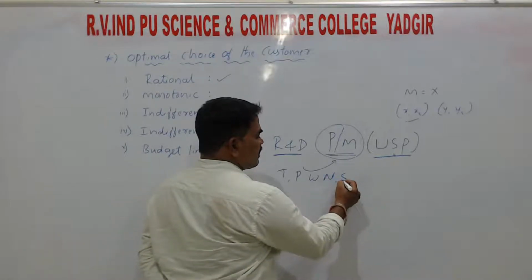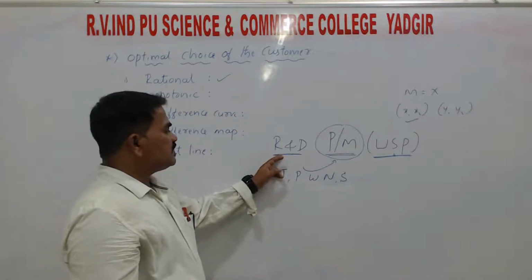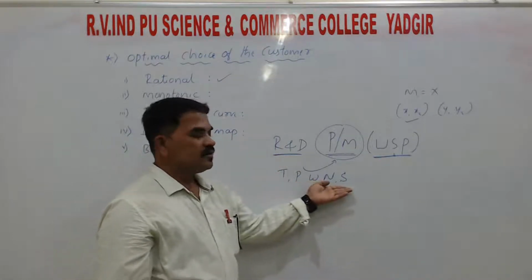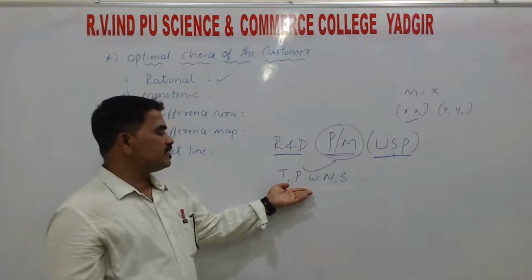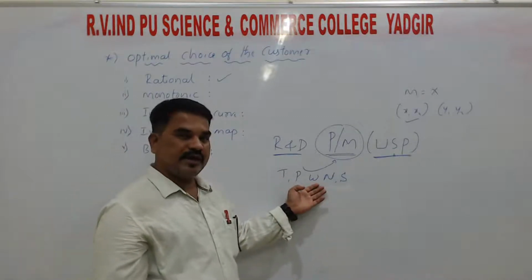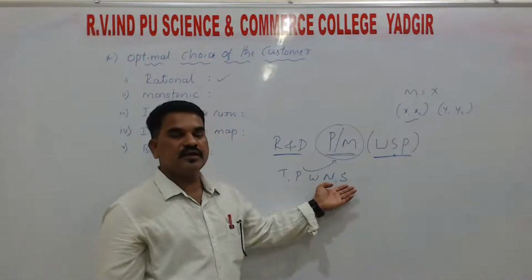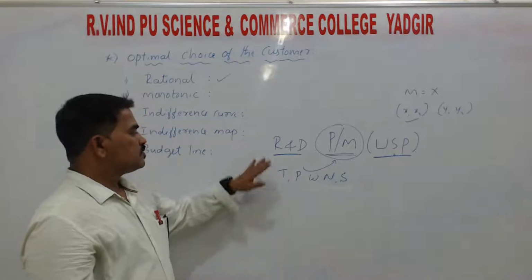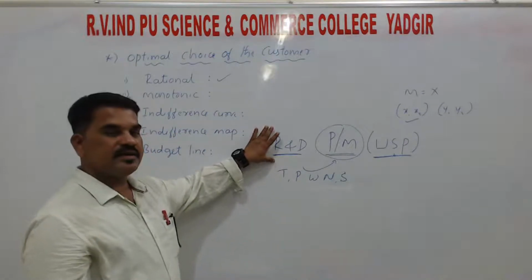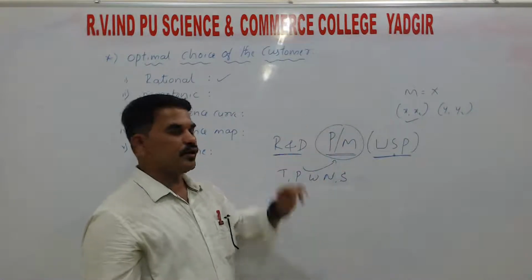and which gives him maximum utility or satisfaction. So this department always finds the answer to these questions. What is his taste? What is his preference? What is his willingness? What is his need and want? And which product gives him satisfaction? As I said, this department does all these things and provides the information to producers.